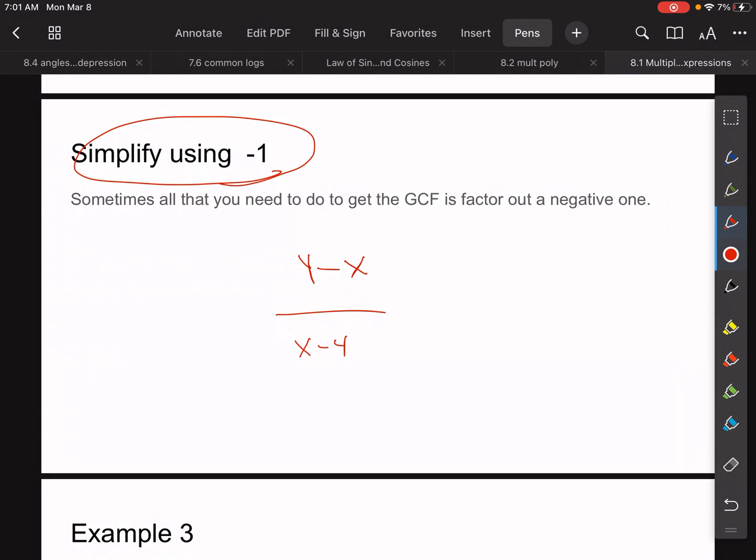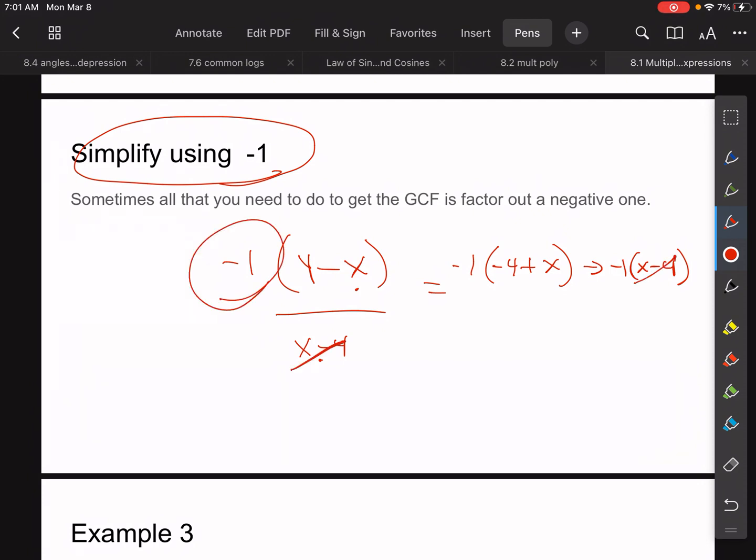If I factor a -1 out of this, I would be left with -1 times -4 plus x, which can be rewritten as -1 times x minus 4. So notice if I wanted to cancel x minus 4 with 4 minus x, if I take a -1 out, I can make those things line up, but I'm left with that -1 on the outside. So sometimes we have to factor that -1 out.